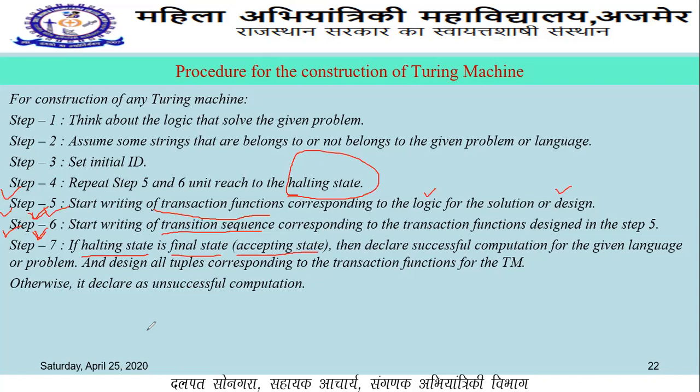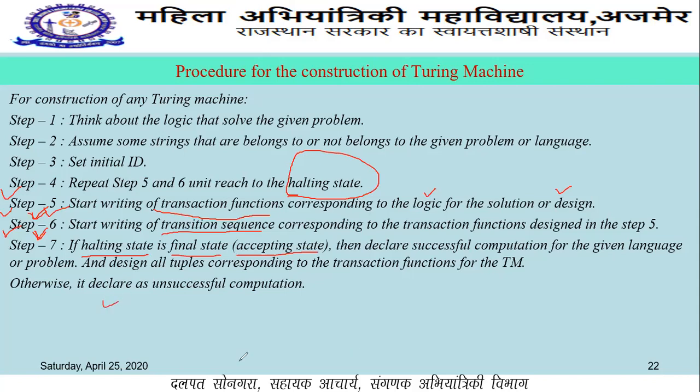In that situation we can say the input which we assumed does not correspond to the given problem or given language. Therefore, for that we cannot construct a Turing machine. Therefore this halting state is a state of declaring rejection of a particular input.